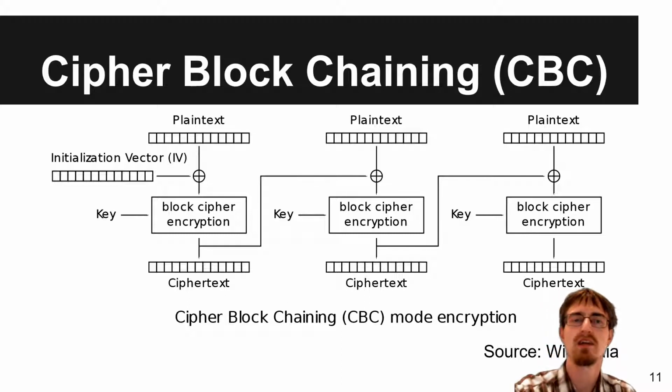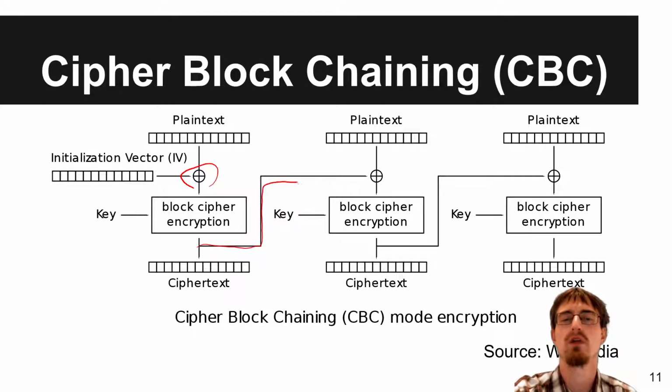So what happens is this: we take the first block of plain text and then we XOR it with the initialization vector before we encrypt it. Now, we perform the encryption and the output is the ciphertext. However, the ciphertext is not just sent as an output to the message, but it's also reused.